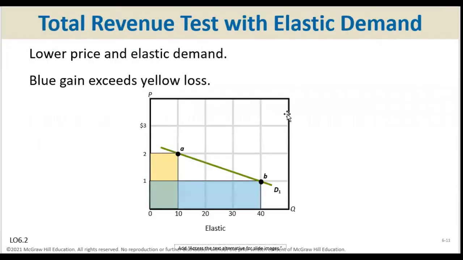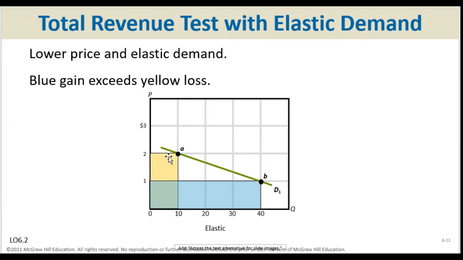So now let's look at the illustration of the total revenue test with elastic demand. Price and total revenue move in the opposite direction. So if you lower the price from 2, at 2 the quantity purchased is 10.